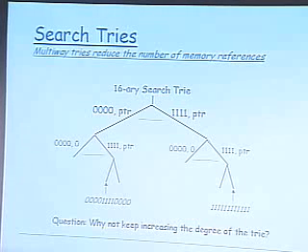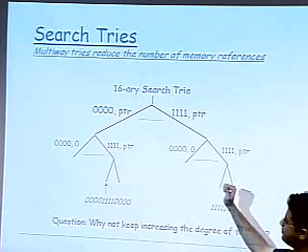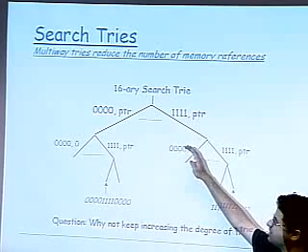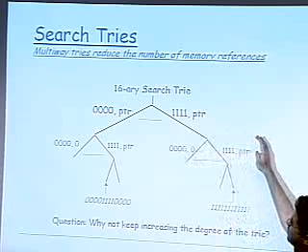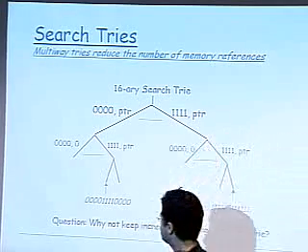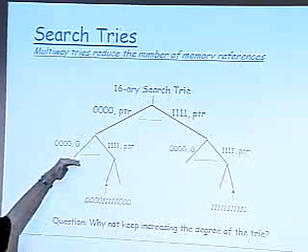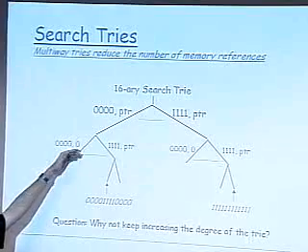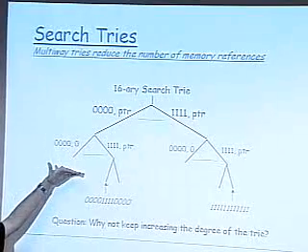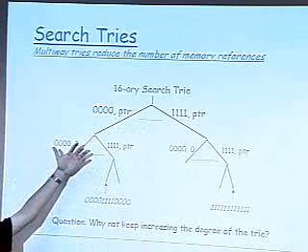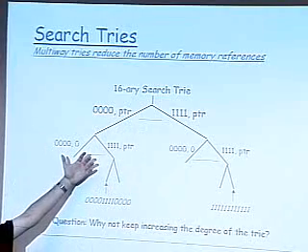What starts happening as you increase the number of bits or the degree of the tree is that a lot of these nodes will have this pointer value 0. They're not going to have any children. So you'll have a lot of entries in your data structure which are really useless.